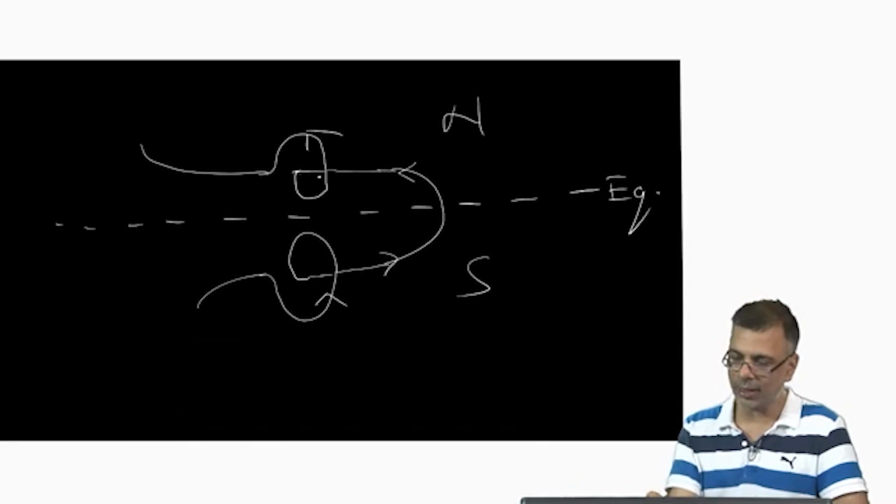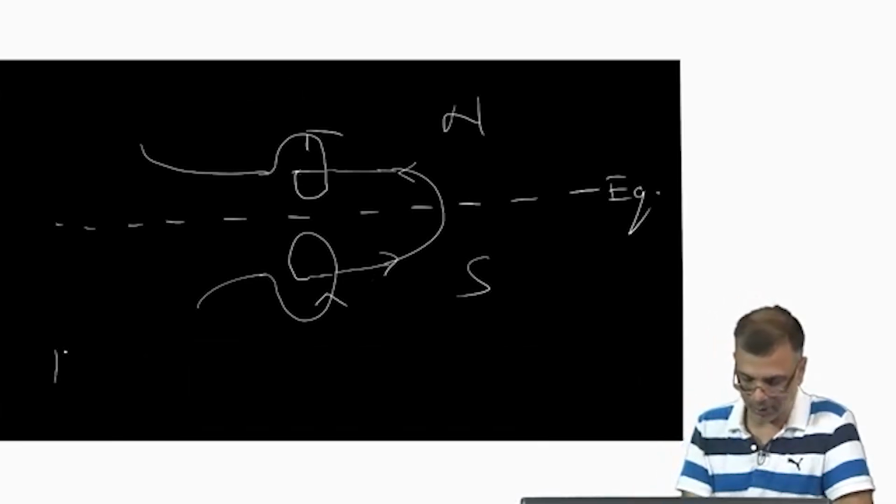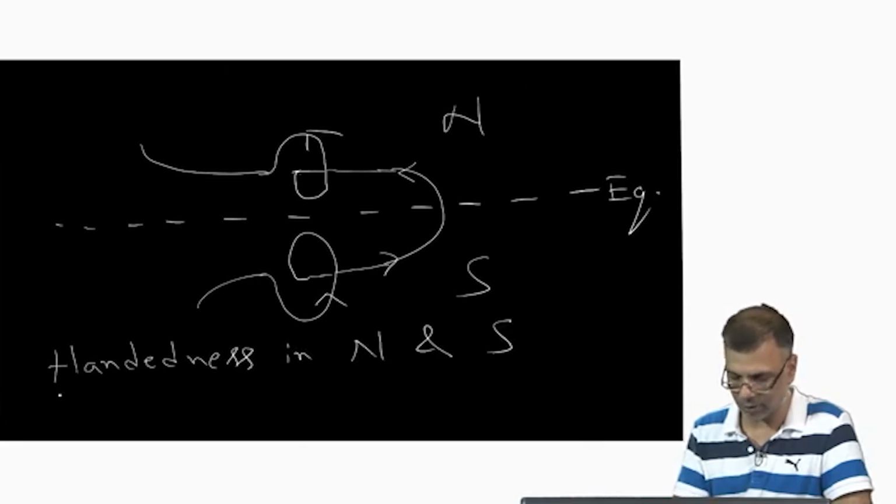The handedness in the northern hemisphere and the southern hemisphere are opposite.